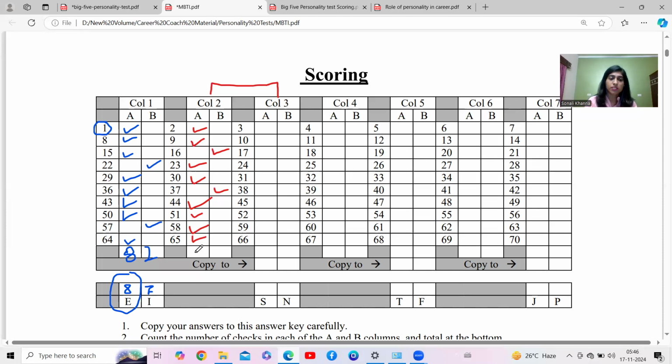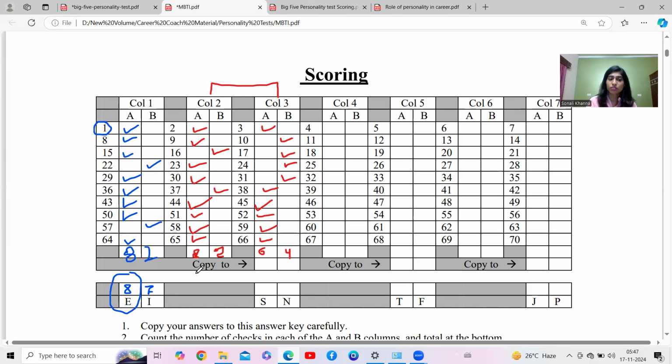So my score here comes again 8 and 2. In column 3, let's do it again. It's A, B, B, B, B, A, A, A, A, and A. So here my score is 6 and 4.